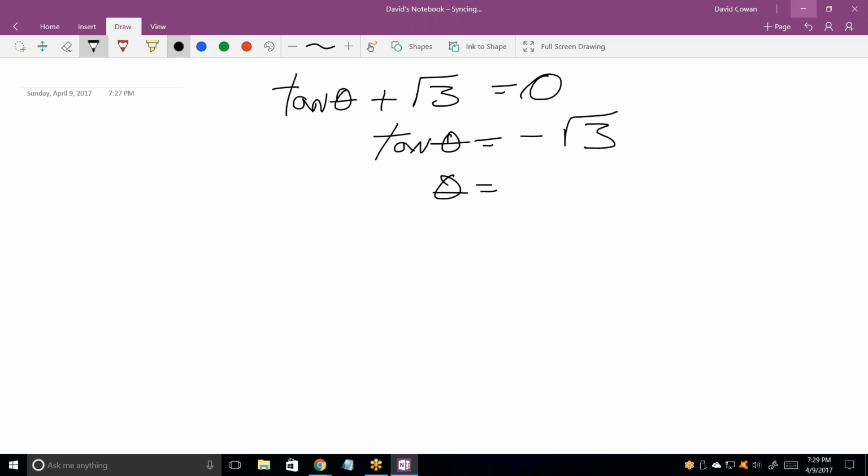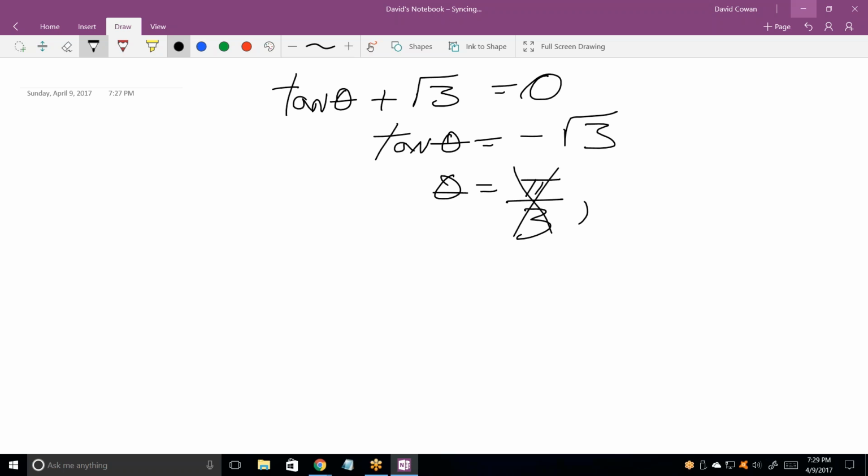What's the first quadrant? In other words, where would tangent of theta be equal to square root of 3? Pi over 3. Correct. Okay, now that's first quadrant, so I know that's not right. But I need second and fourth, because in the third, tangent's also positive. So give me the second quadrant angle that's the equivalent of pi over 3.